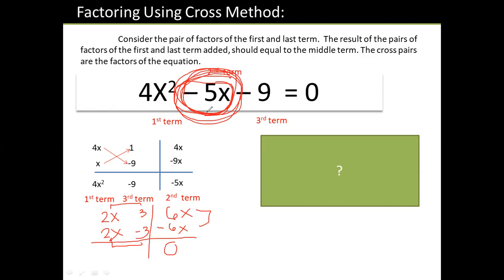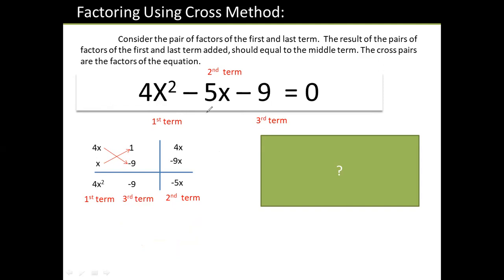So therefore, think of a pair that will give you negative 5x in that example. So when you get 4x times 1, that is positive 4x. But x times negative 9 is negative 9x. So to get the difference, you have there 5x. Okay? So you cannot just do any other pair of factors, except that you must get the second term.